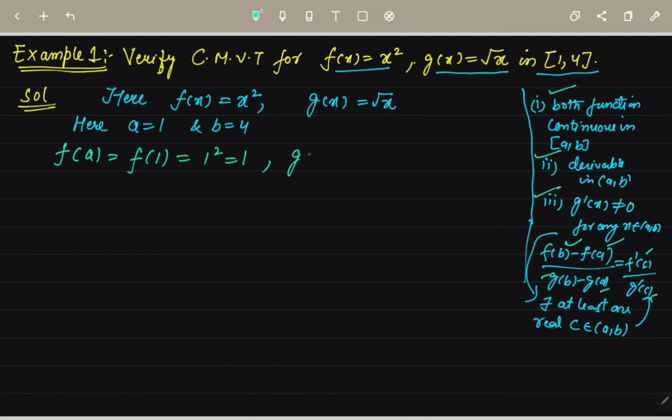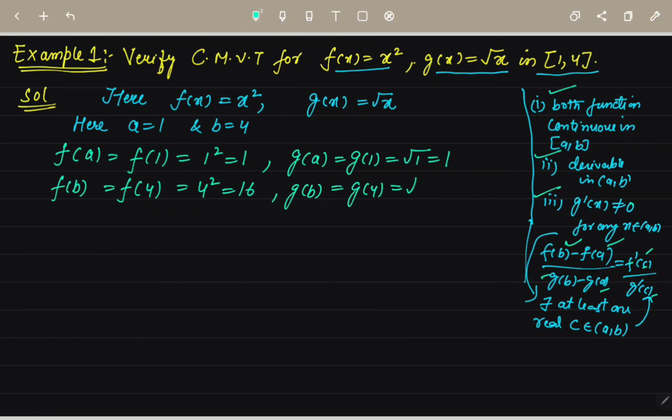Similarly, g of a is equal to g of 1 and this is equal to root 1, and this is equal to 1. Similarly, f of b is equal to f of 4, and this is equal to 4 square, which is 16, and g of b is equal to g of 4, and this is equal to root 4, which is equal to 2.